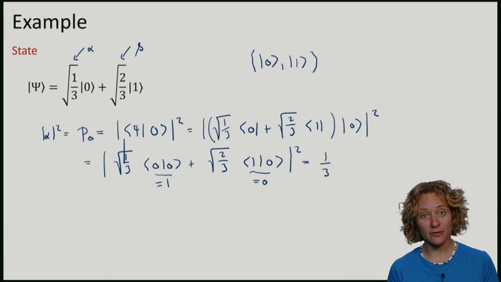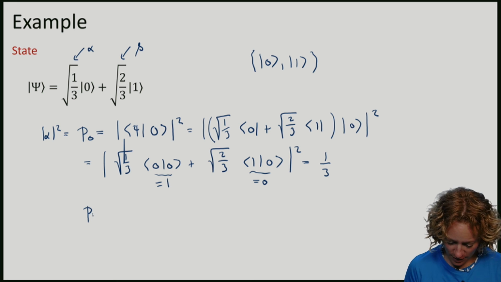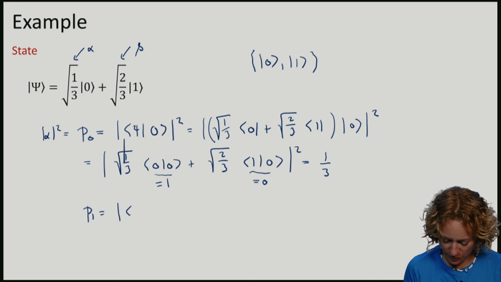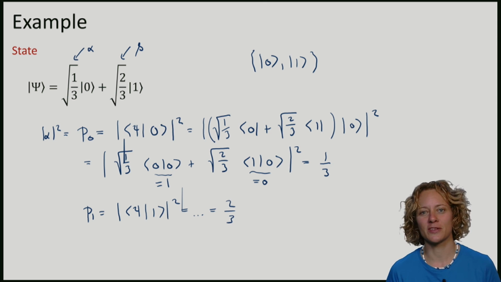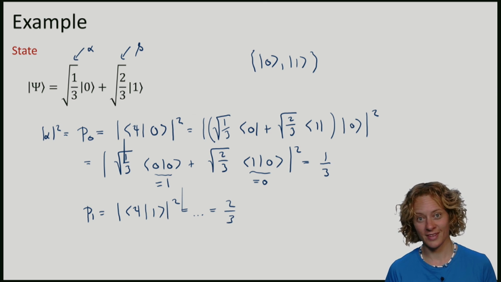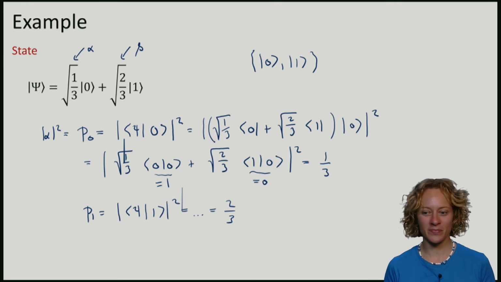The probability of getting 1 we can of course also compute, and is the inner product between psi and the vector of that basis, here just 1. So you should do this computation, but of course what we expect is that this is 2/3, so the probabilities add up to 1. So now you've become an expert on measuring qubits in a basis.